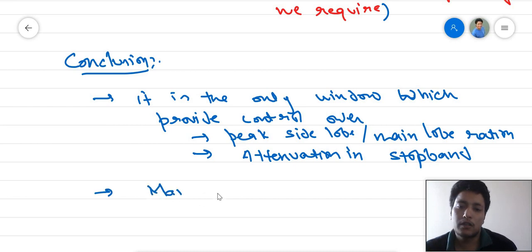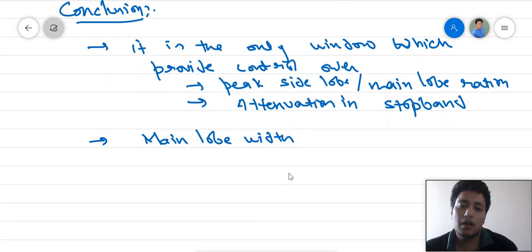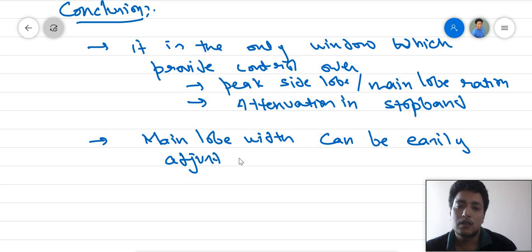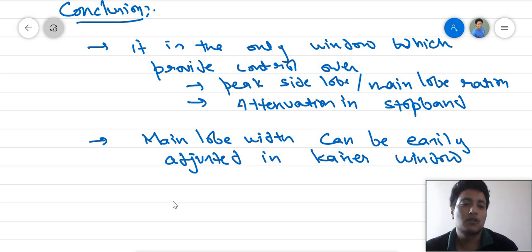Main lobe width can be easily adjusted in the Kaiser window. So that's why it is unique from other windows which we have discussed.